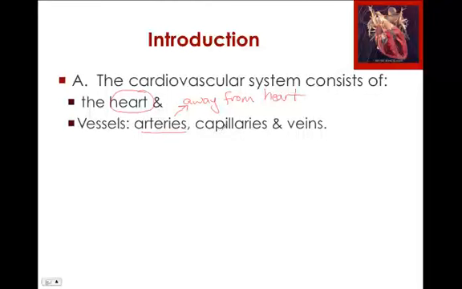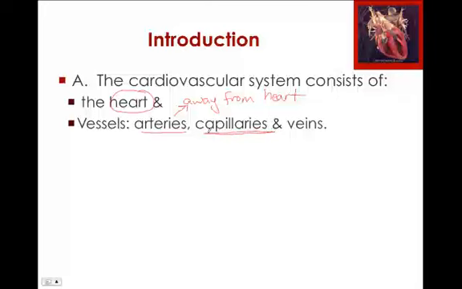The pulmonary arteries are still going to be carrying blood away from the heart, but as you're going to see, they're going to carry deoxygenated blood. So this is, again, an exception to the rule. For the most part, usually arteries are carrying oxygenated blood. But you're going to see when we do the blood flow through the heart, the pulmonary arteries are the exception.